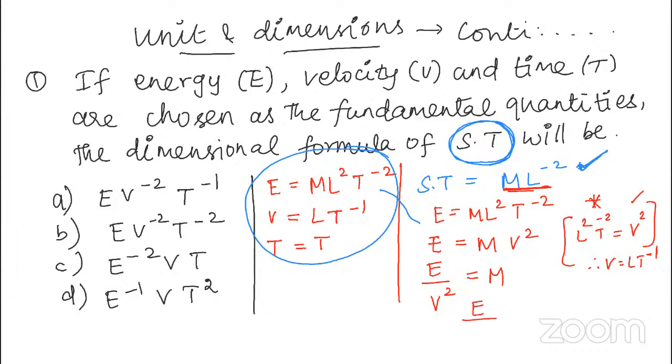E by V square into T power of minus 2 is equal to our required result, that is m T power minus 2. Then for the next step, we can go to the next page. Here there is no space.